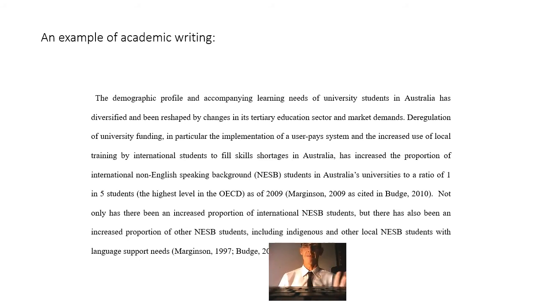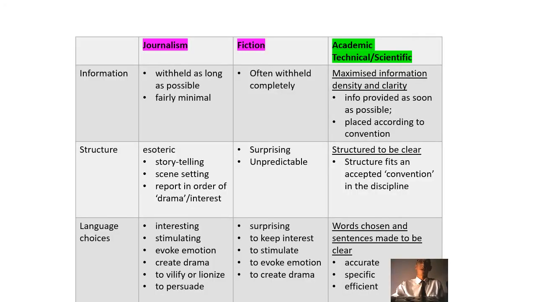No mucking around. So up until now, most of the writing you've been exposed to is fiction, general non-fiction, or journalism. Well, we won't focus on non-fiction because it's such a disparate kind of group that we can't really analyze it very easily.